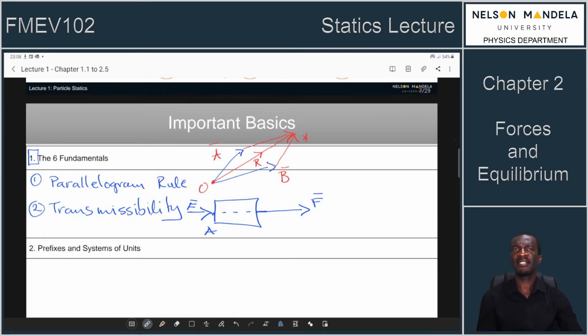This simply means that when you are dealing with forces, you can move that force vector along that line of action to any convenient point, and you will get the same effect.